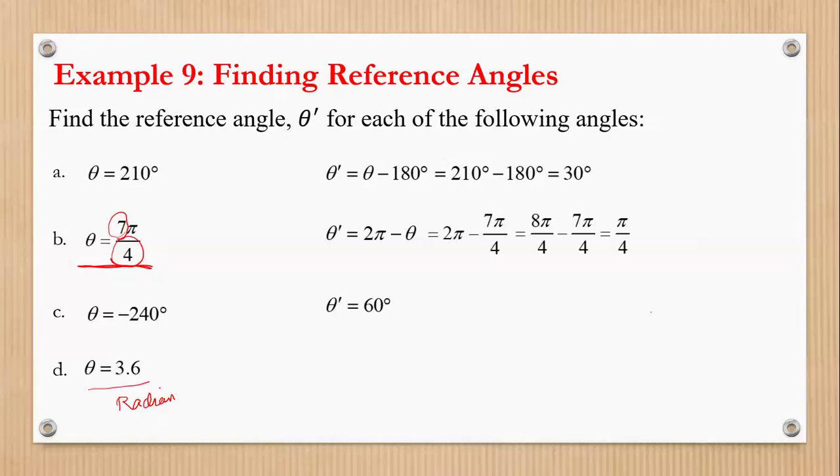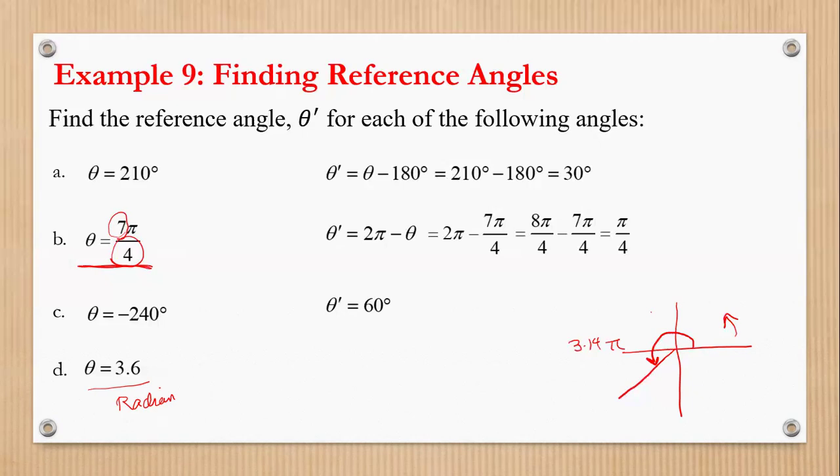First of all, it's positive, so I have to go counterclockwise. And you know that this point is pi, and pi is 3.14 in radians. If your angle is 3.6, it's a little more than 3.14, so that means your angle is in the third quadrant.